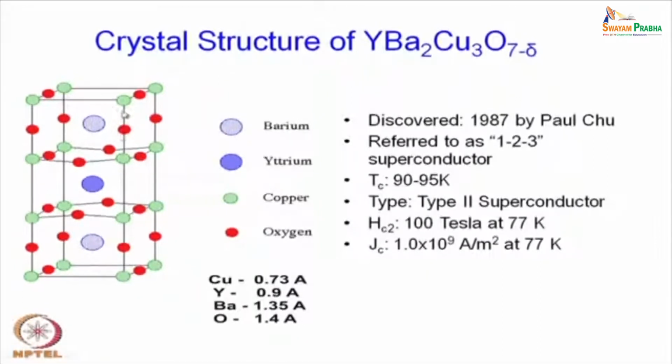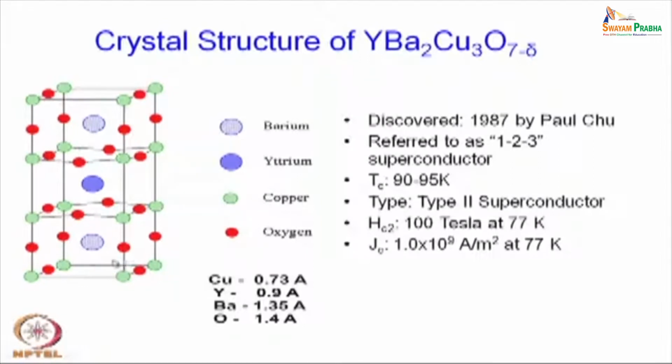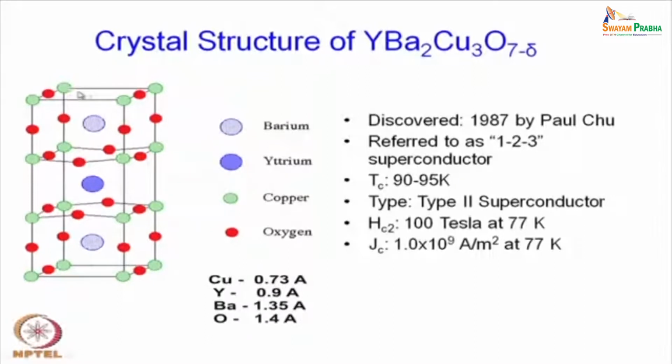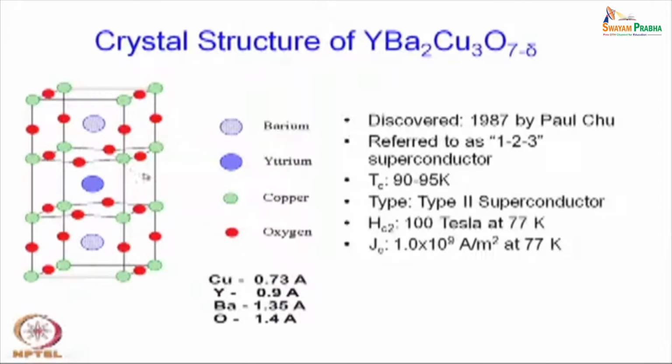These are the typical blocks, the different blocks we have described just now, and then you have this is barium and this is yttrium and this is the cuprate block. So, this is the cuprate block where you have oxygen and copper, and one can see particularly at the planes which are facing the yttrium ions, there is some distortion of the oxygen.